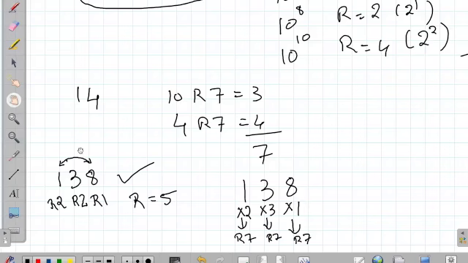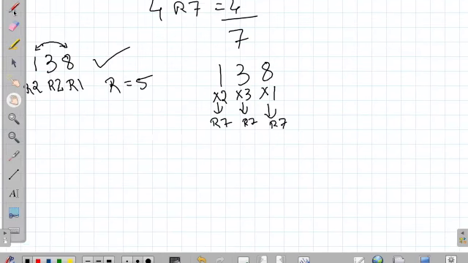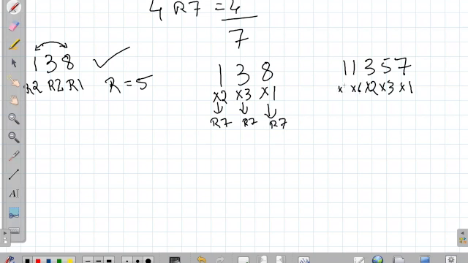Can we try it for a bigger number? Let's say 11,357. So again, we have to multiply by 1, by 3, this by 2, this by 6, this by 4.